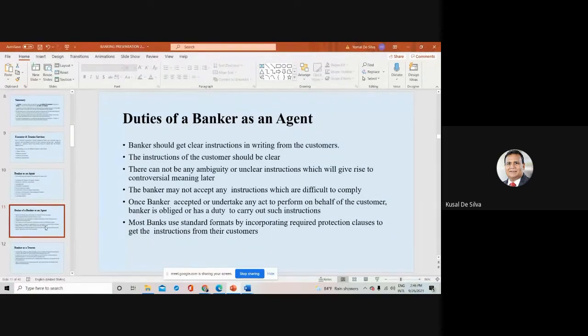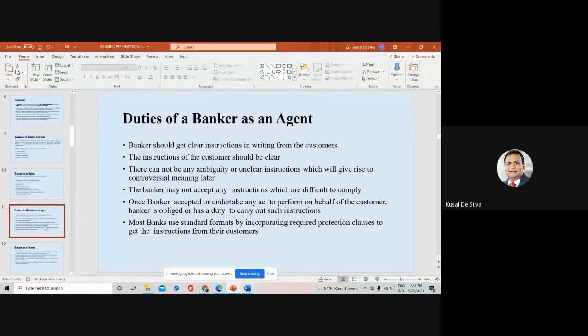If there is no change to the law, if no regulation has changed, then you are bound to do that.